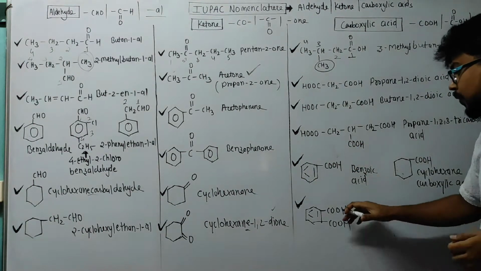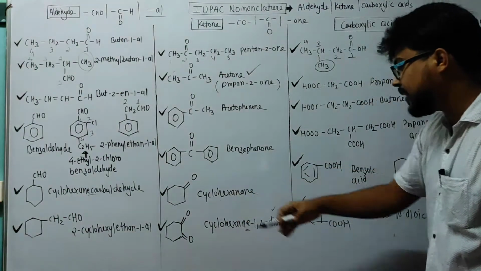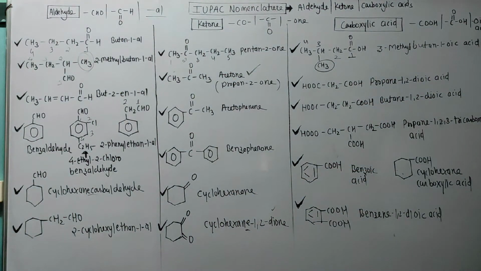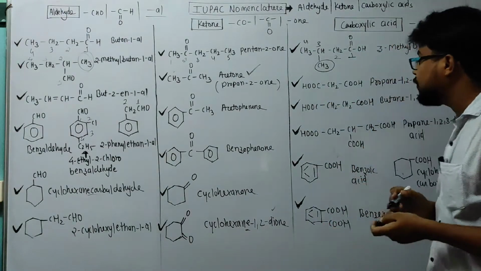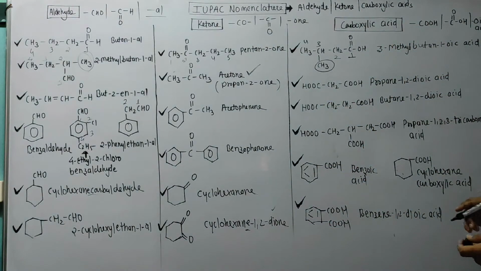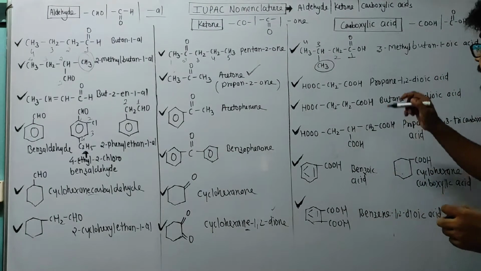Now, if 2 groups are there, same thing, so benzene 1,2-dioic acid, no problem. If more than one COOH group is present in the carbon chain, then an important point for students is there.